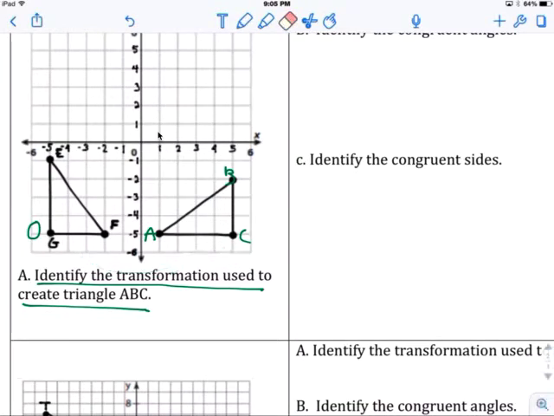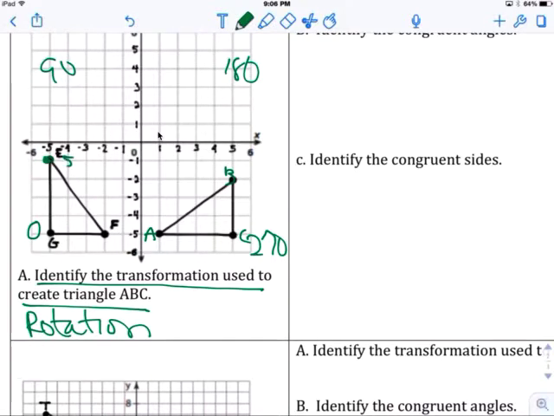You can count like a clock, 0, 90, 180, 270. The reason I know it's a rotation is because the numbers flipped, 5 and -1. It flips from 1 to -5. Rotation of 270 degrees clockwise.